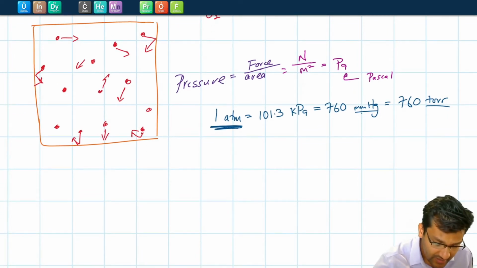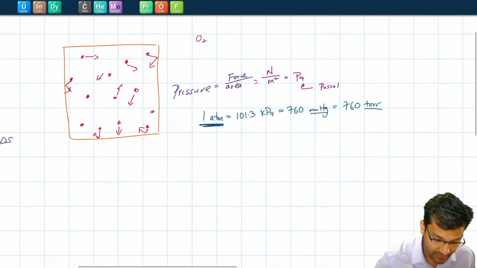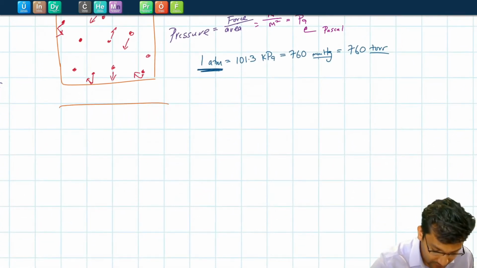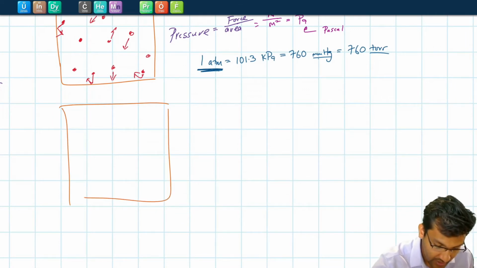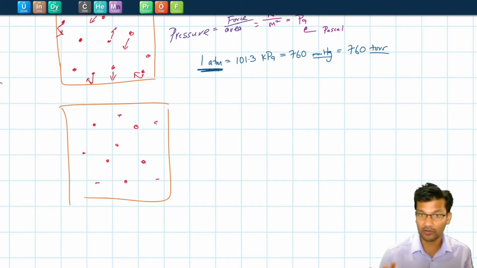Now, let's just briefly look at how two things might influence the pressure. The first is temperature. When we think of temperature for molecules, let's just imagine that what the temperature does is make molecules move faster. If it's the temperature of a solid, it's just going to make the molecules vibrate faster.